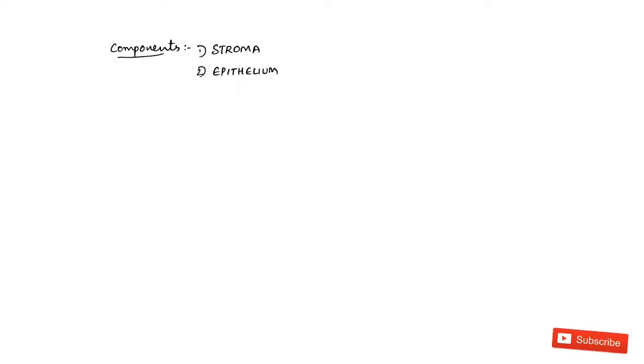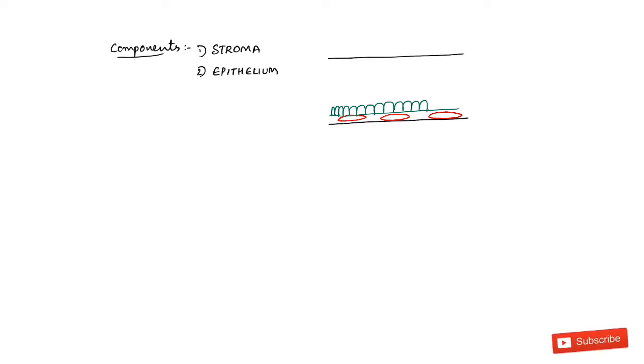And coming to the epithelium, we draw a small diagram. Suppose this is a duct. In the outer part we find myoepithelial cells, and in the inner part we find epithelial cells which are specialized columnar cells. These are known as luminal epithelium.